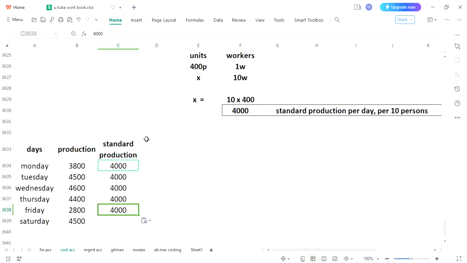So for Friday, standard production would be half, and simply we will write 2000 as half of our production. For Saturday it would be similar.